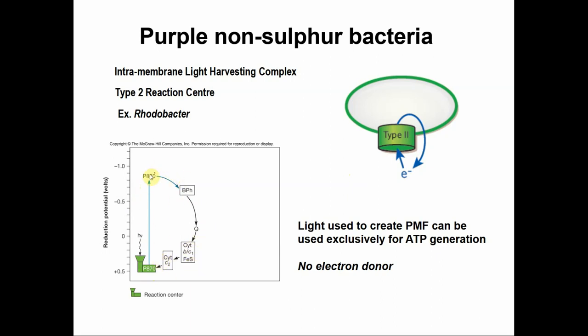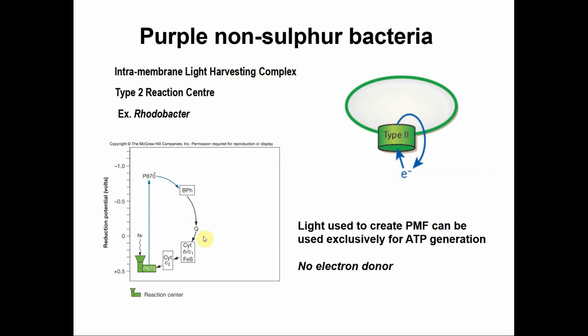They slide down the electron transport chain and feed back into the base of the reaction center, and then they're boosted up again by absorbing light. So what is the purpose of these electrons going round and round? Well, the important thing here is you've got this quinone molecule in the electron transport chain.